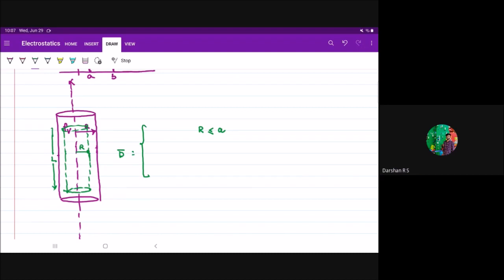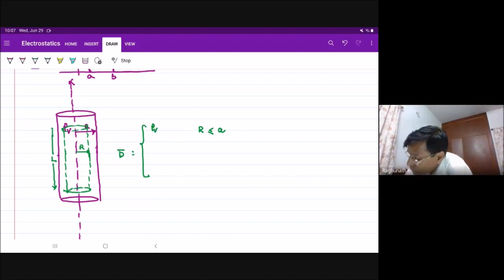Rho v into pi r squared L is the total charge inside the cylindrical surface of radius r less than a and length L. Flux density is that divided by 2 pi r L, which is the curved surface area of the cylinder of radius r and length L. Am I right?